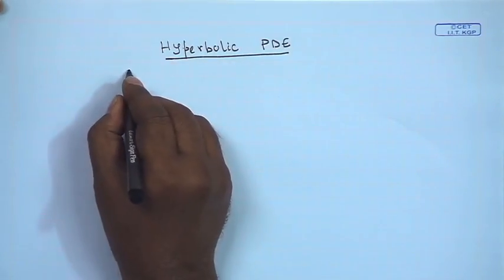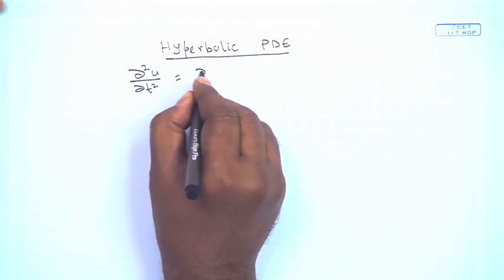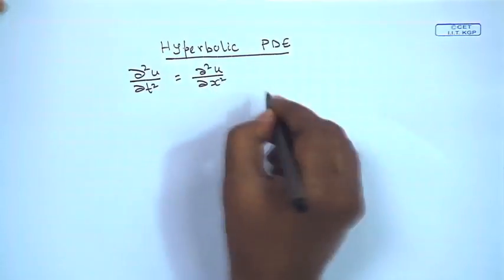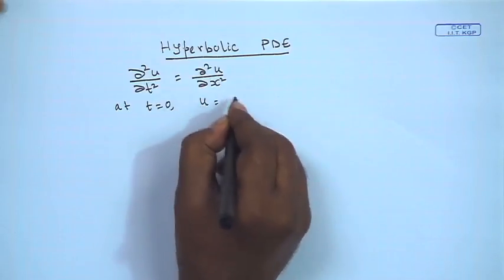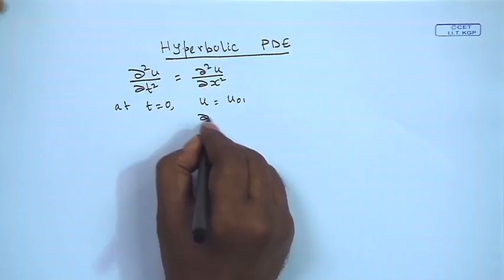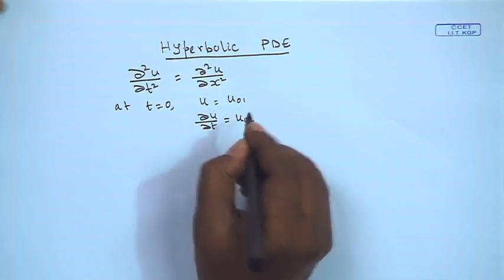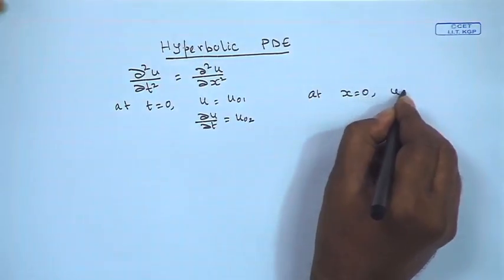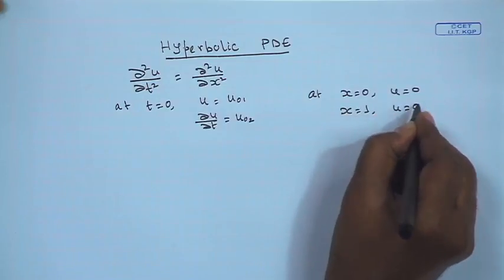So, we will be solving the problem del square u del t square is equal to del square u del x square, and at t is equal to 0, u is equal to u naught 1, and at t is equal to 0, del u del t is equal to, let us say, u naught 2, and boundary conditions are at x is equal to 0, we have u is equal to 0, and at x is equal to 1, we have u is equal to 0.